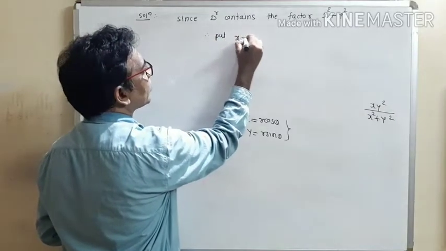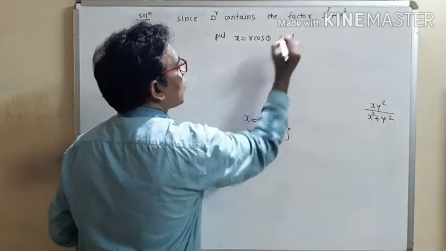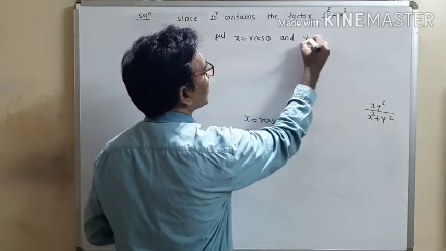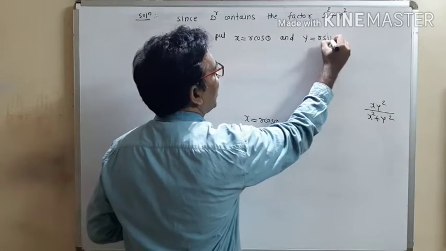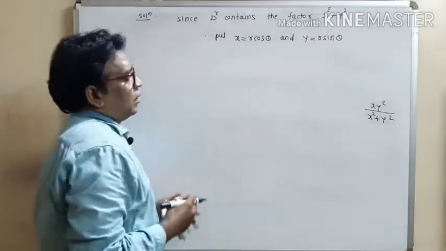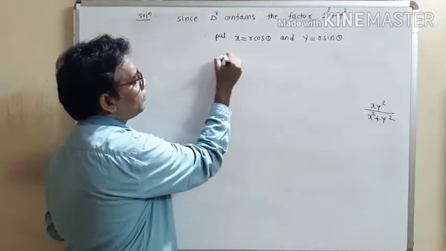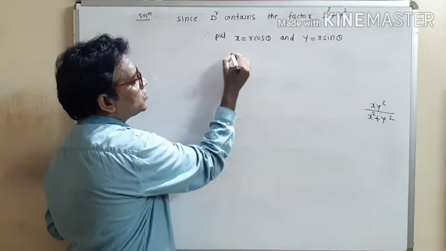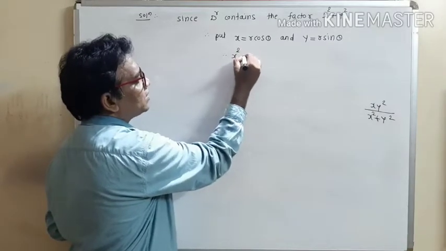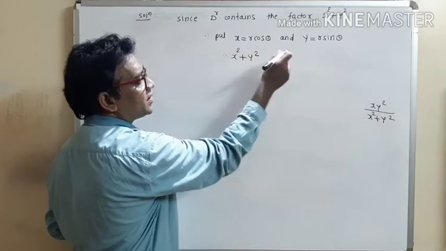Put x equal to r cos theta and y is equal to r sin theta. So squaring and adding, therefore square of this term it is x square, square of this term it is y square, and take their addition.